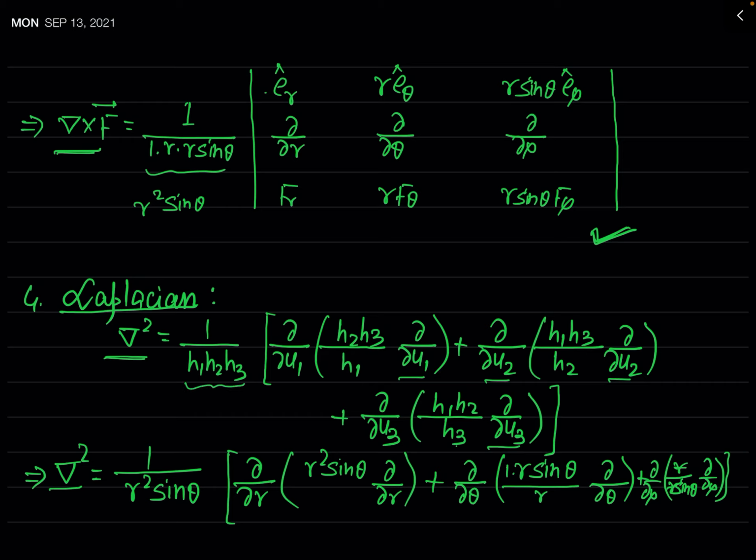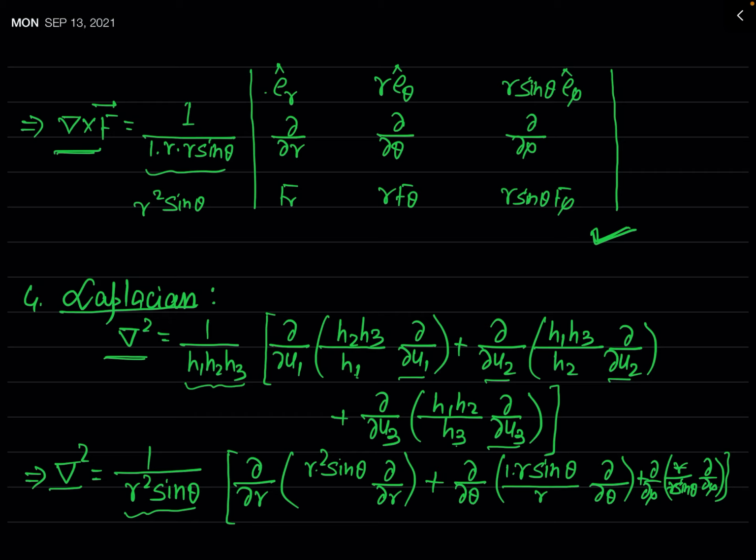So this product of h1 h2 h3 will be r square sine theta, and u1 will now be written as r, and h2 h3 over h1: h2 is r, h3 is r sine theta, so this will be r square sine theta, and h1 is 1. I have not written the 1 here because division by 1 makes no change. And del u1 is now del r.